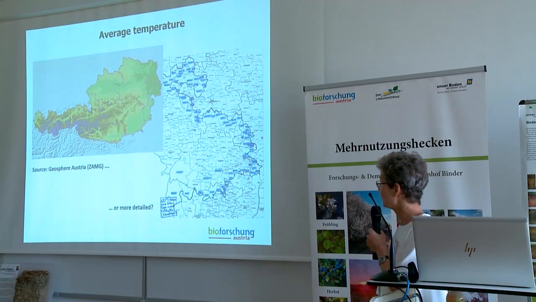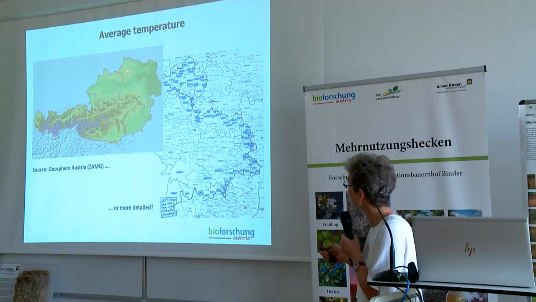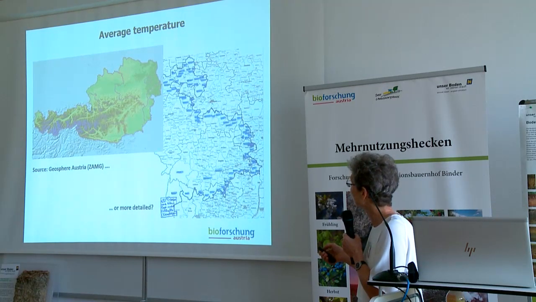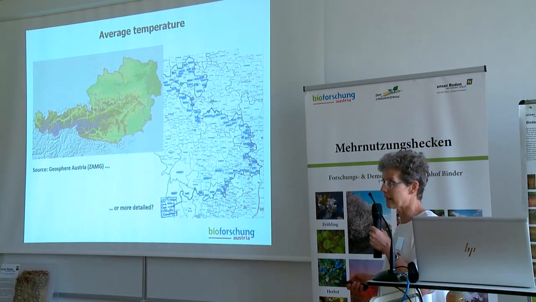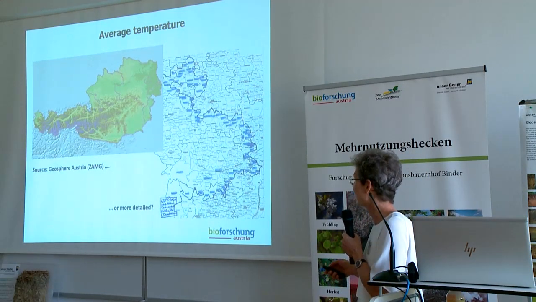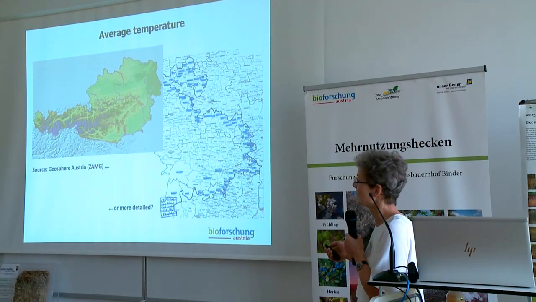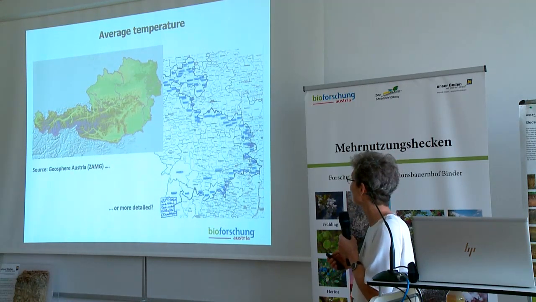But we found out in the process that in detail, sometimes, for example, for this small region in the Waldviertel, those data are not 100% exact, because they are of course extrapolated from their measuring stations.